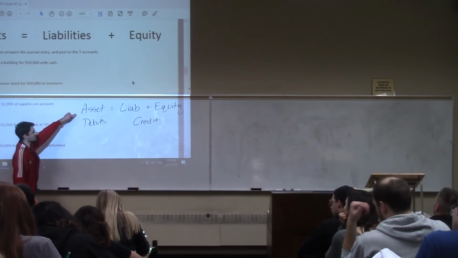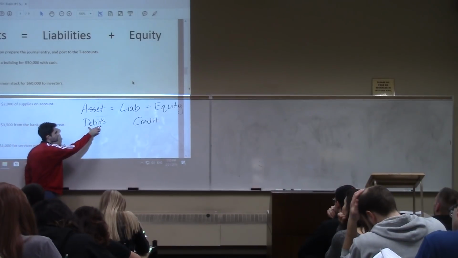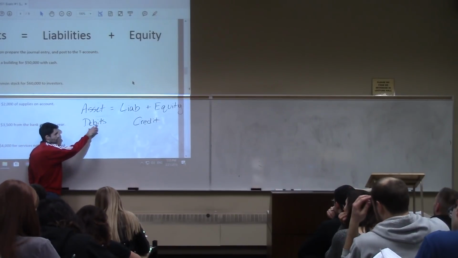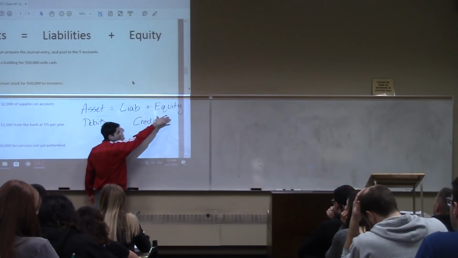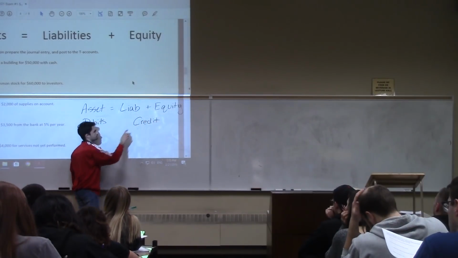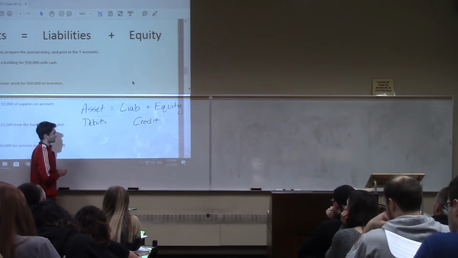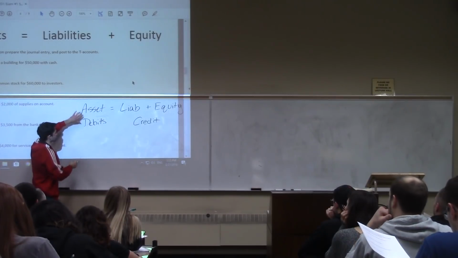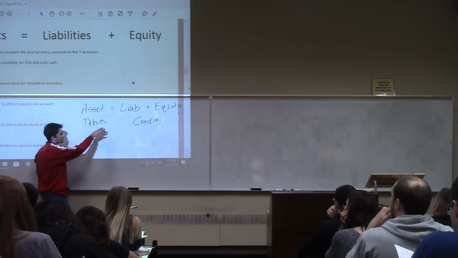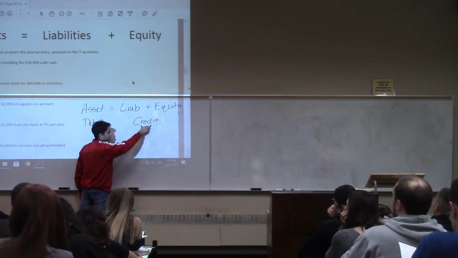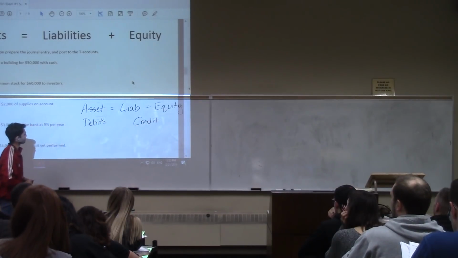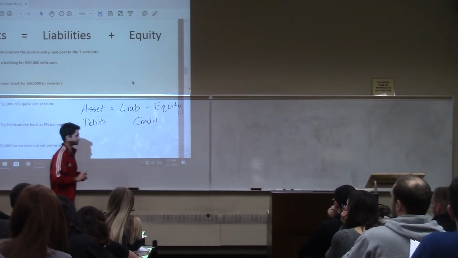When we increase an asset, or when we buy an asset, we have a debit. When we increase a liability or an equity, we credit. And then it's vice versa. If we decrease an asset, we credit. If we decrease one of these guys, we debit, for the most part, at least.